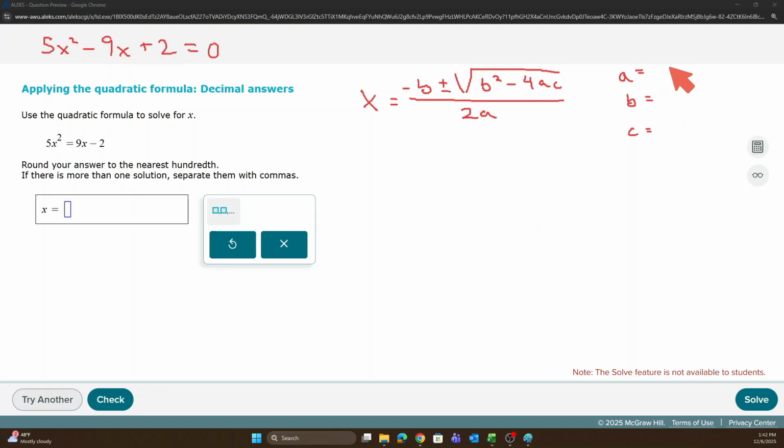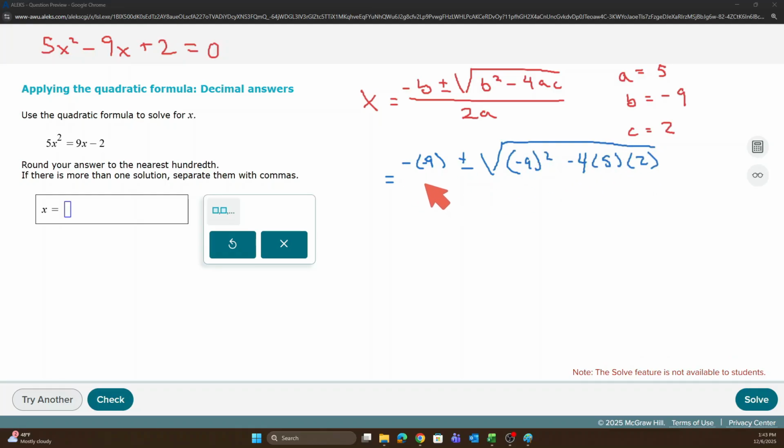Our a is 5, b is negative 9, and c is 2. So we start plugging these into our quadratic formula. We have x equals negative b, negative 9, plus or minus the square root of b squared minus 4 times a times c.